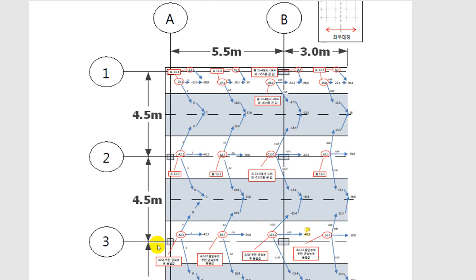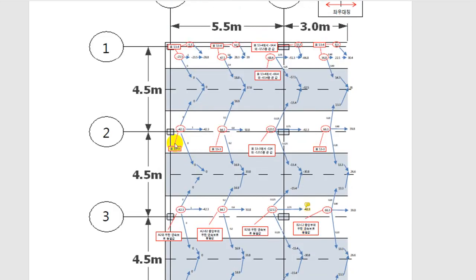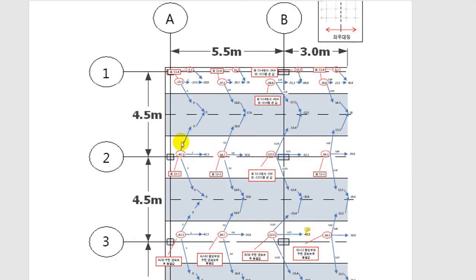So we don't design A3 B3 strips, we don't design A4 B4 strip because they are the same as the strip along with A2 B2 strip. Do you understand? Right? So we'll design this strip including middle strips and this edge strip including this middle strips. That's clear. Then we're going to start designing.